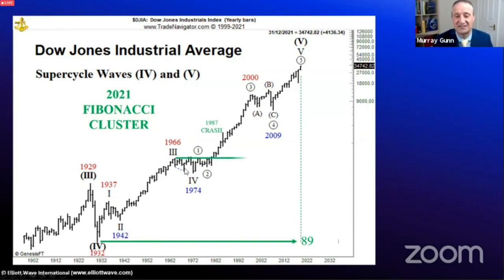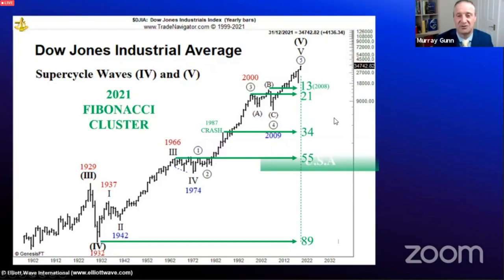It's the 1966 cycle degree wave 3 high plus 55 years. It's the 1987 crash plus 34 years. It's the 2000 top plus 21 years. And it's the 2008 crash plus 13 years.